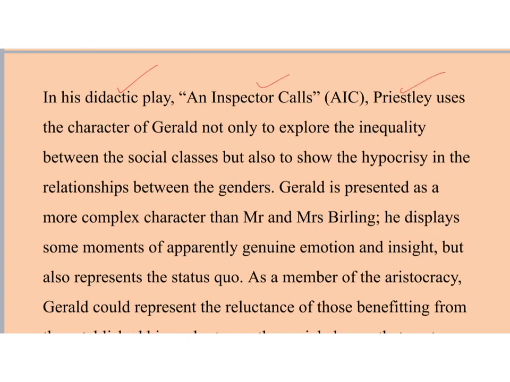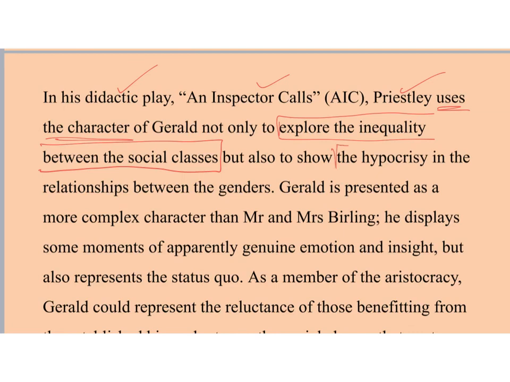Priestley uses the character, so highlighting he's not real, of Gerald, not only to explore the inequality between social classes. So my first paragraph is going to be, how is Gerald used to explore the inequality between social classes?